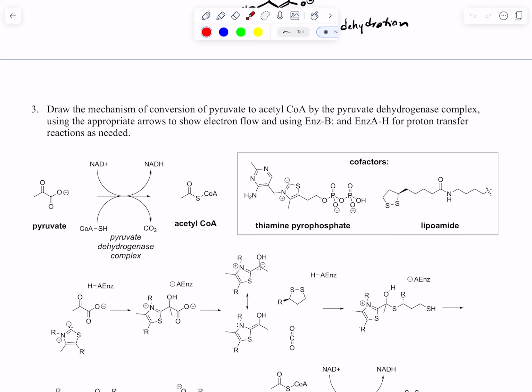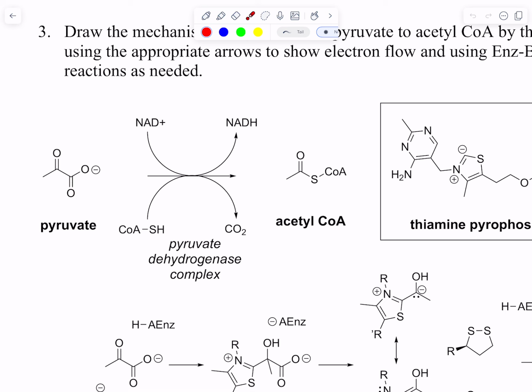So this summarizes what I just told you. Pyruvate, an alpha keto acid, is going to go to acetyl-CoA. You're going to lose the carboxylate carbon and 2 oxygens as CO2. These 2 carbons of pyruvate will end up as acetyl-CoA.